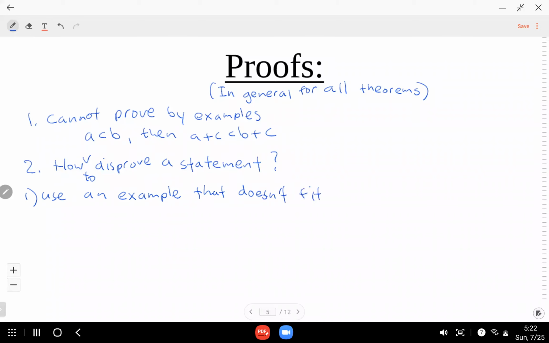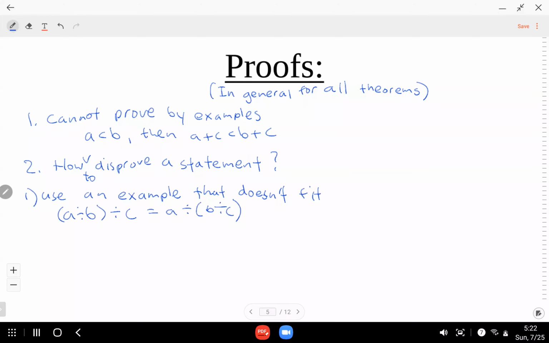For example, let's say we have this theorem: a divided by b divided by c is equal to a divided by the quantity of b divided by c. How are we going to do that?